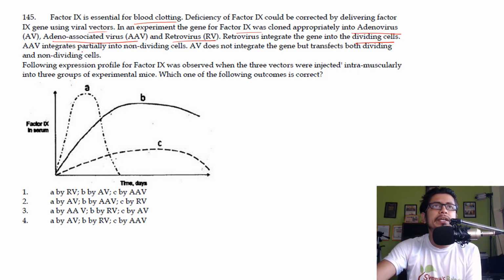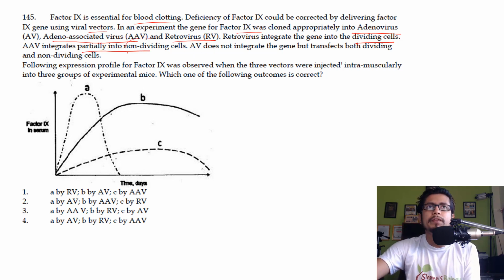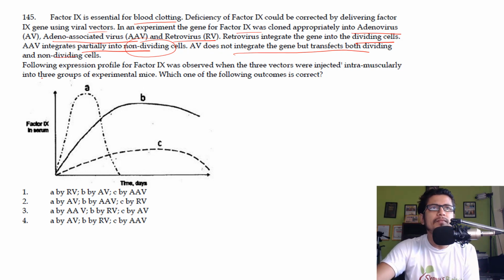Adeno-associated virus integrates partially into the non-dividing cells, okay, and adenovirus does not integrate the gene but transfects both the dividing and non-dividing cells. The following expression profiles for factor 9 were observed when the 3 vectors were injected intramuscularly into 3 groups of experimental mice. Which one of the following outcomes is correct?